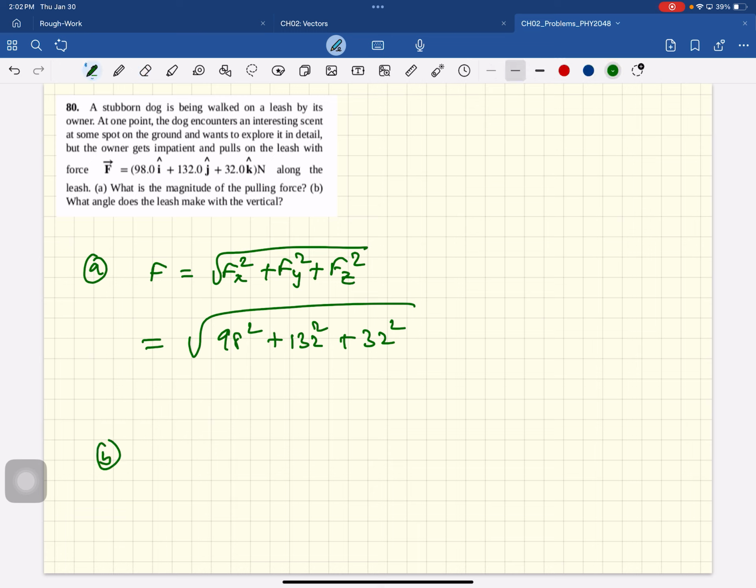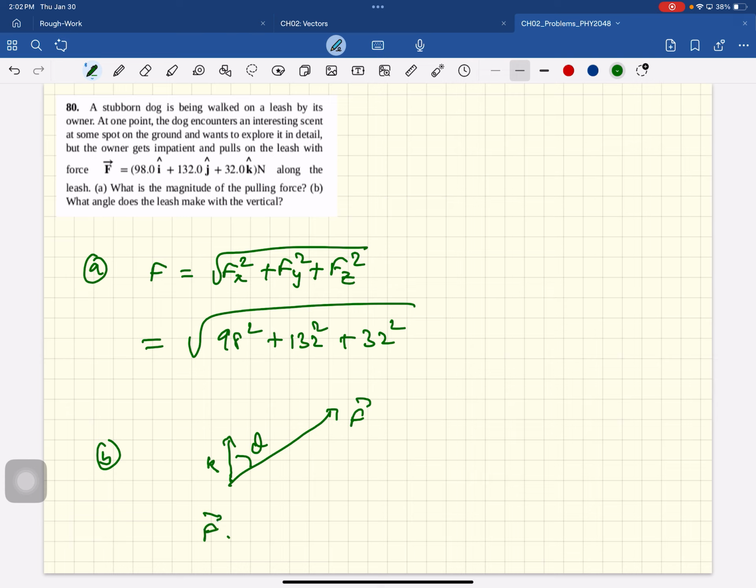Part B says, what angle does the leash make with the vertical? So here's the vertical. We'll say a vector k in the vertical direction, and there's the force F. So this is the angle you want to find.